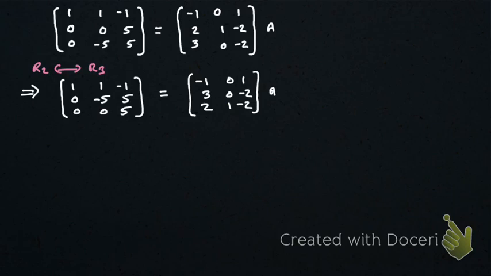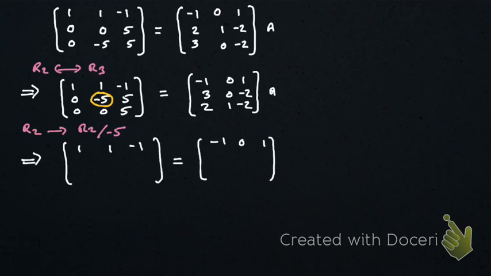So my operation for that would be, I want 1 there, so I will say R2 changes to R2 divided by negative 5. So I'm going to copy this step again. So when I copy, R1 will remain the same, R3 will remain the same. Change is only happening to the second row because you are dividing that row by -5. So I will copy first row as it is, the third row as it is, and the change is happening to the middle row.